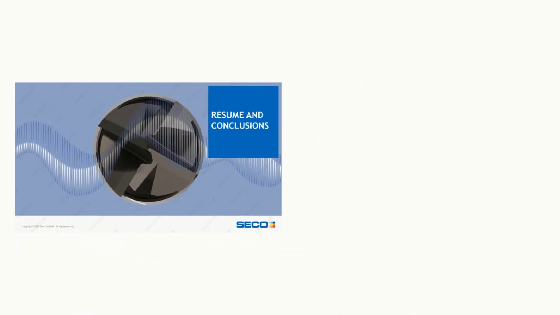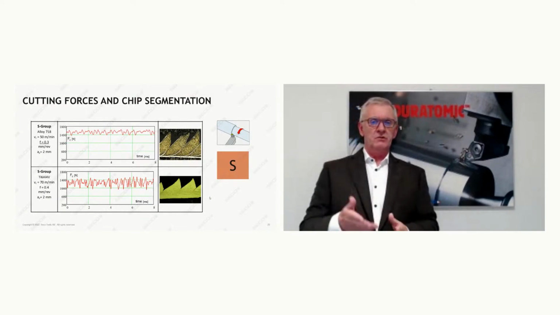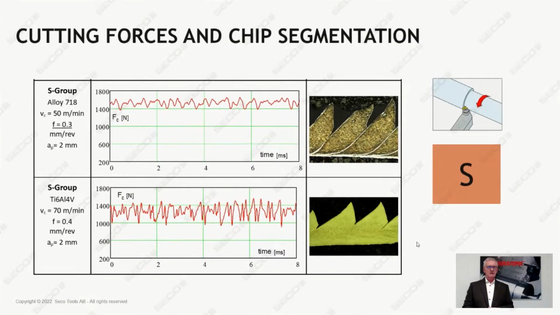And perhaps I should go to the bottom, because there you see titanium. And you see an average cutting force of, let's say, around 1200 Newton. But you see a variation between 1000 and 1400.